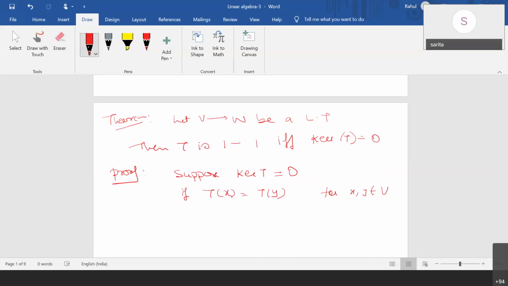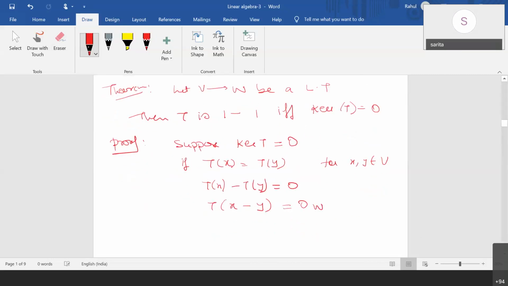Right, now if Tx equal to Ty, then you can write this. This can be written because of linear transformation, this property holds. Now this is actually in W.